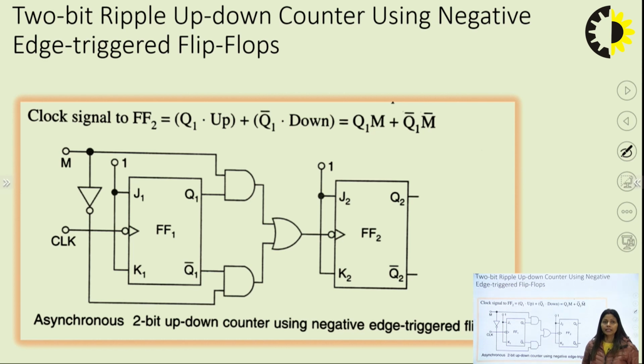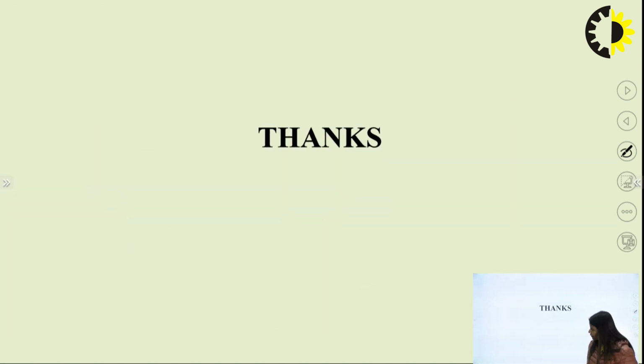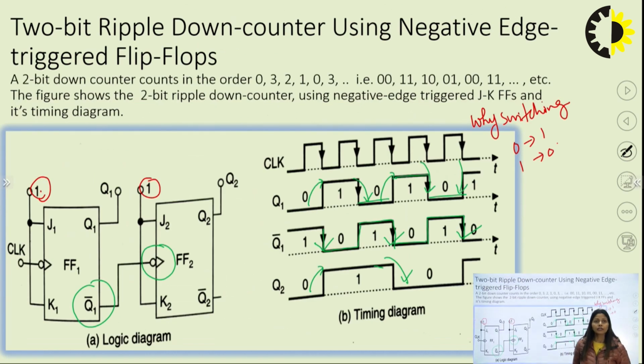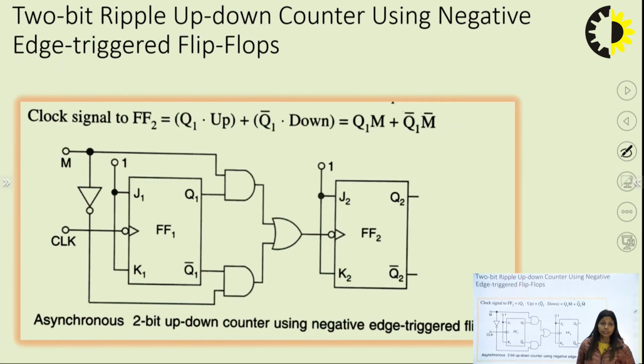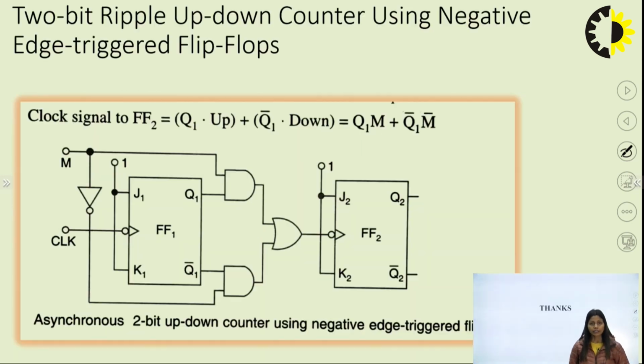We have studied the up counter and we have studied the down counter. Now I want another counter which can count up and also count in the down manner. So, an up-down counter. Let us understand this.